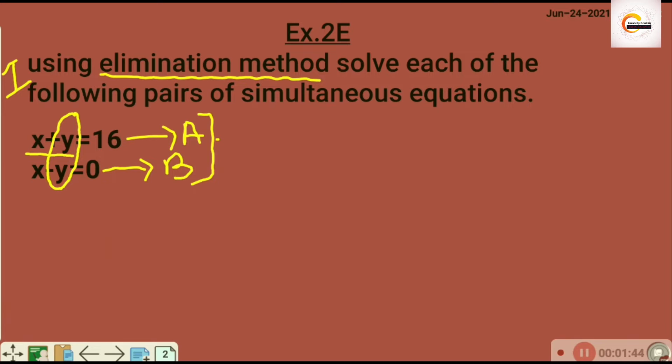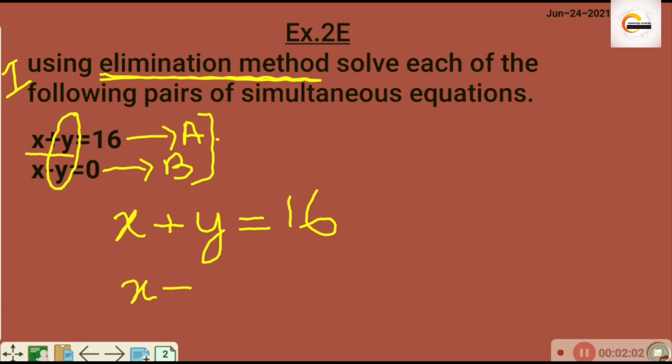It's very simple. We have to eliminate one variable. So x plus y is equal to 16 and x minus y is equal to 0. We have two variables in both equations, and we have to eliminate one.